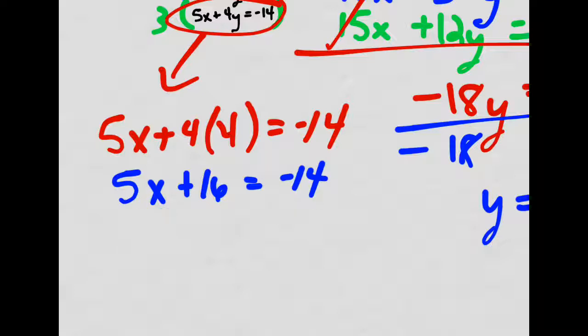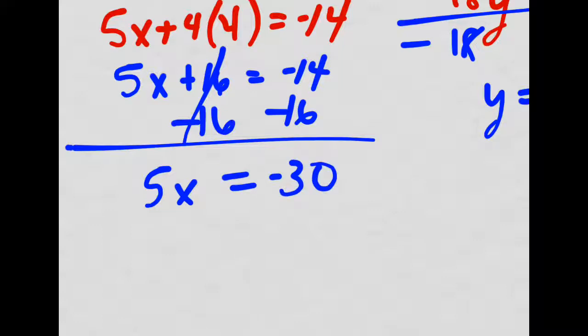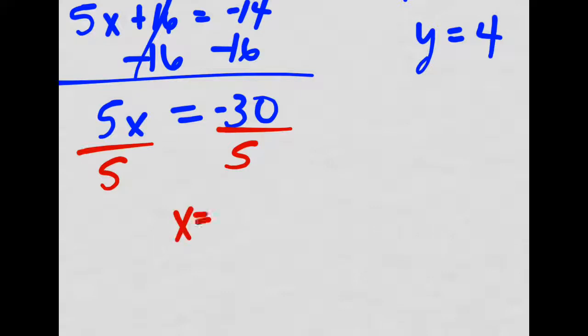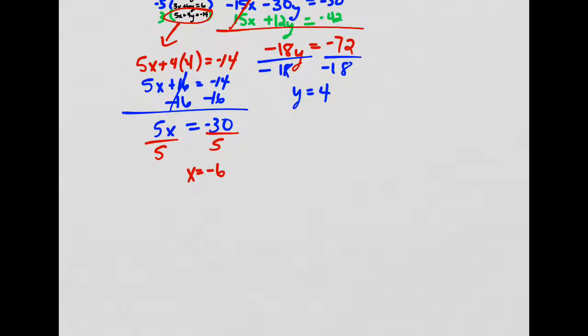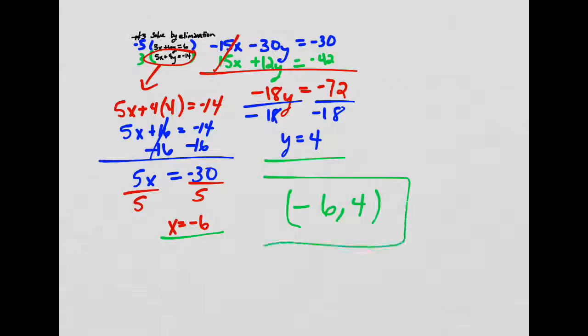Oh, I'm sorry. Subtract 16 first, and then divide by 5. So the 16s will cancel, and you get negative 30. Then divide by 5. Then you get x is equal to negative 6. So my solution to this one, x equals negative 6, y equals 4, so it's negative 6 comma 4. That's my solution.